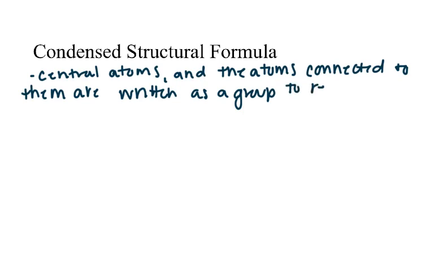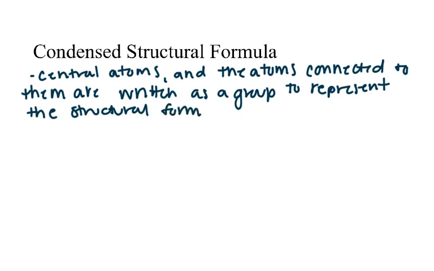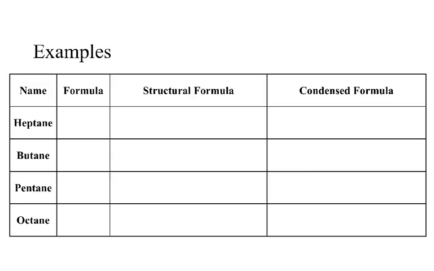So it's going to look a little bit different than the ones we just drew. That's why they're called condensed. It's to save us a little time with drawing the structures. So we're going to write them as groups. So let me just check my next slide, make sure I don't have a separate one.